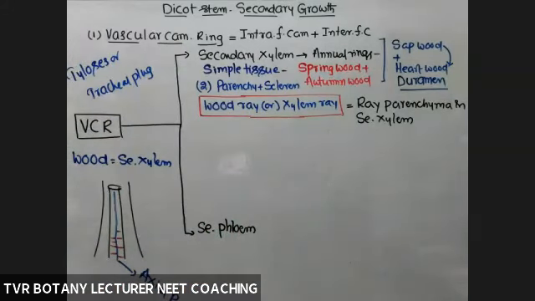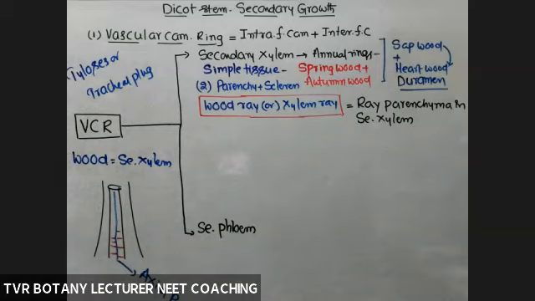Secondary phloem also is crushed and removed, meaning the first-generation secondary phloem is crushed and removed once second-generation secondary phloem is produced. Gradually the first formed, second formed, third formed are replaced by the recently produced secondary phloem.